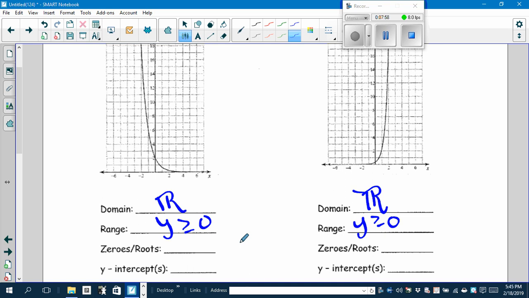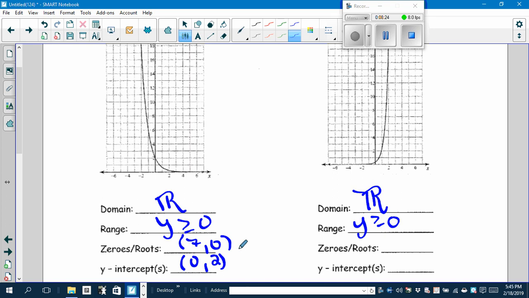Now the zeros, it looks like it hits the x-axis right here at 7, so let's just assume it does. So it hits the x-axis at 7, 0, and the y-intercept is right here. It's at 0, 2. Okay.